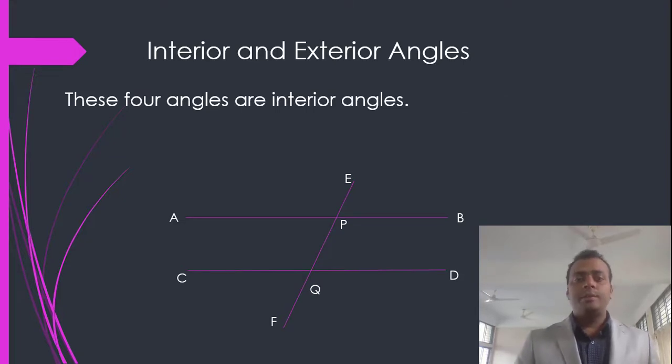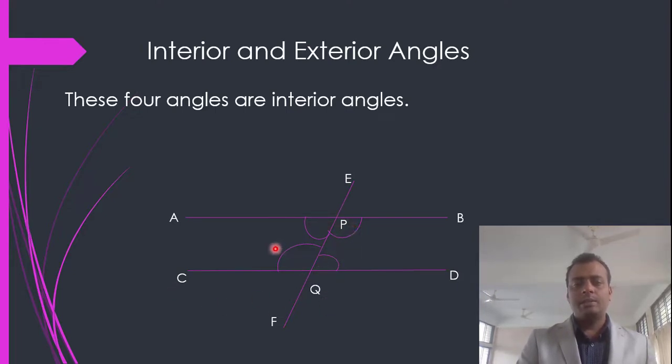Interior and exterior angles. These four angles are interior angles: 1, 2, 3, 4. You can see angle BPQ, angle DQE, angle APF and angle CQE.